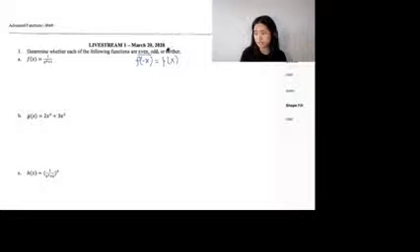So that's when it's even. And if it's odd, you need to plug in f of negative x as well, but instead to have negative f of x.